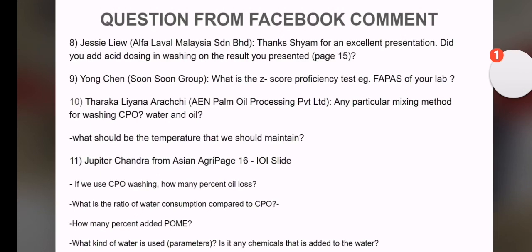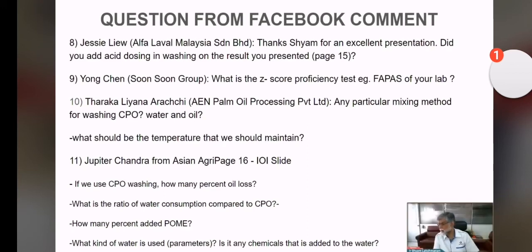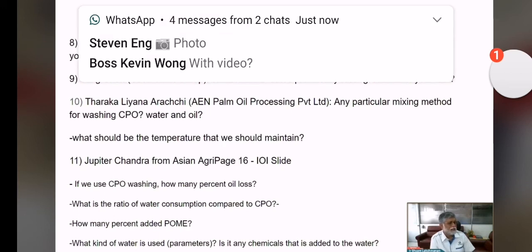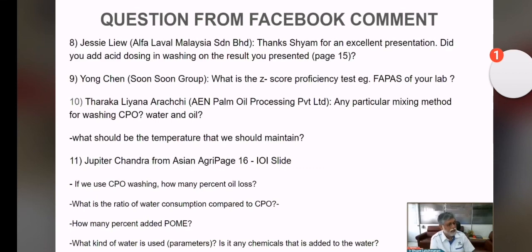Okay. All right. Oil loss is how much? Less than 0.2%. I said oil loss in the water, which means if you convert it to the CPO, it's actually even lower than that, maybe about 0.1%. Ratio of water consumption is we use 5% in our plant, but there are some people who go higher, much higher, to double that.